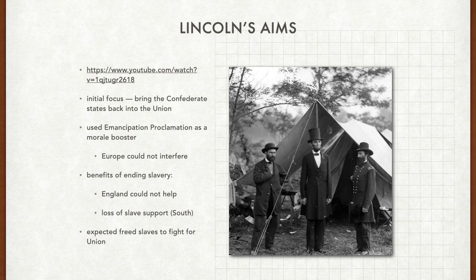So here's the scoop, okay? Here's the tea. Places like England and France, who I just mentioned wanted to help the Confederates, did so because they liked all that cotton, right? Like 80% of England's cotton during that time came from the South.